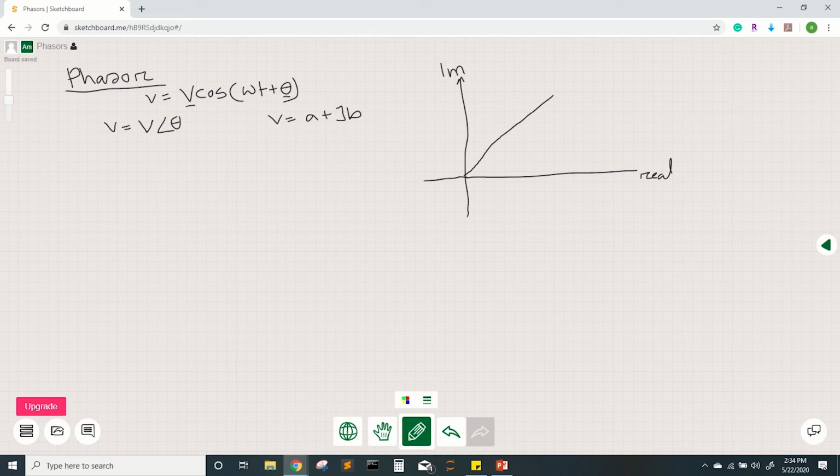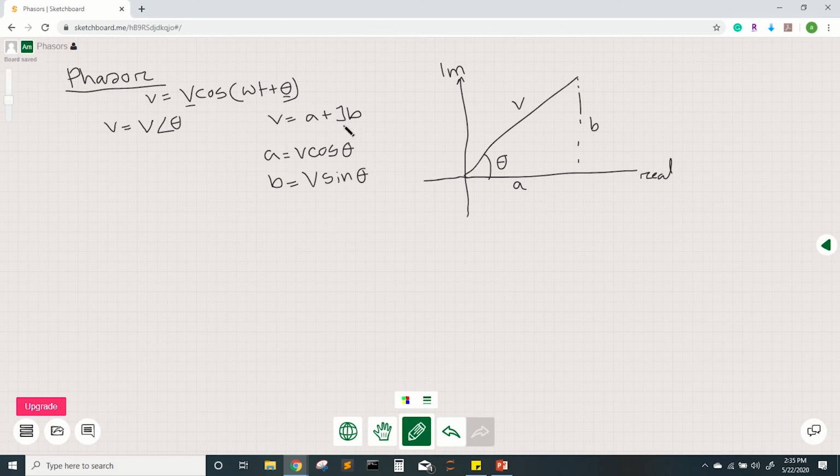Suppose this is V, this is b and this is a. So a is nothing but V cos theta, where this is theta, and b is V sine theta.